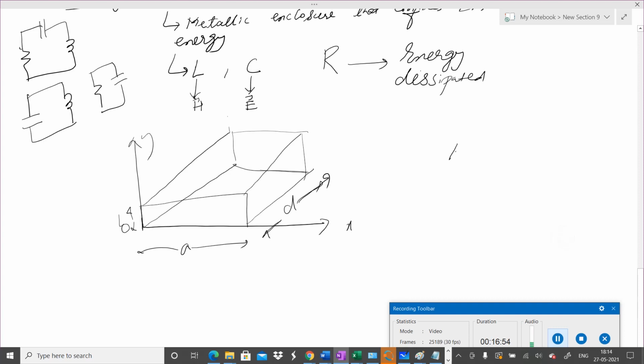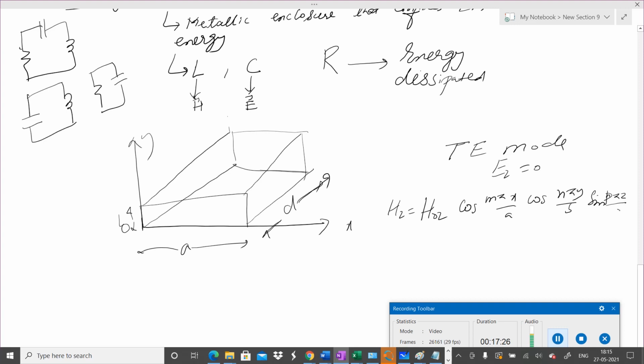Suppose you consider TE mode, so that means your Ez component is 0. So here the Hz component will basically resonate. So along all three dimensions, there will be sinusoidal variation. It will be some constant, then cos of m pi x by a, cos of n pi y by b, and sine of p pi z by d.